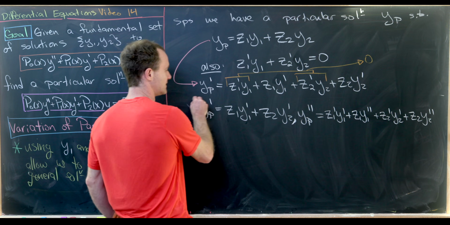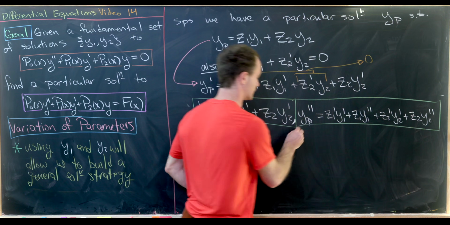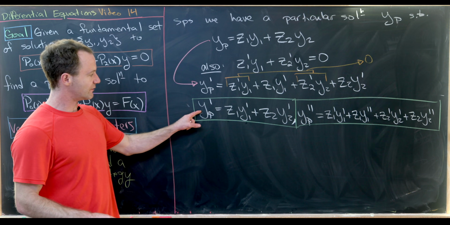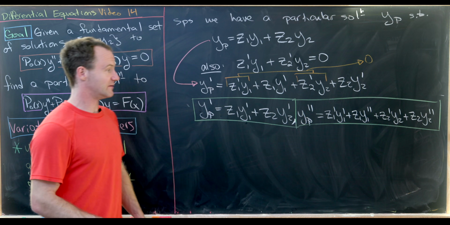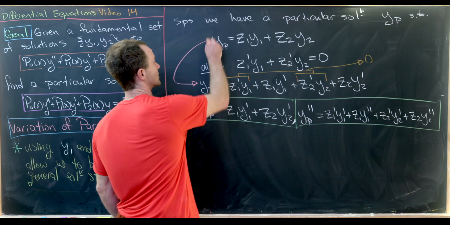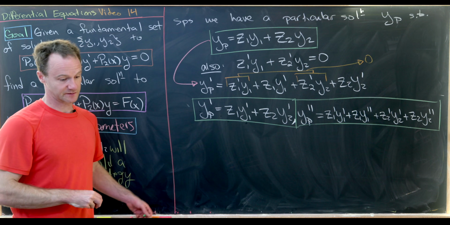Let's box these so we have them to work with later. Just to reiterate, yp prime is this sum, yp double prime is this next sum of 4 terms, and our original yp is this sum of 2 terms up here.